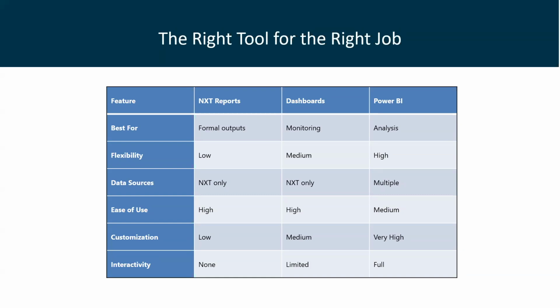And the interactivity, none. So these really are just a report, whether you export it as a PDF, which is what most people do, or pull it out as an Excel file. It can be a little bit of an adventure sometimes, but most people just use them as the PDF.